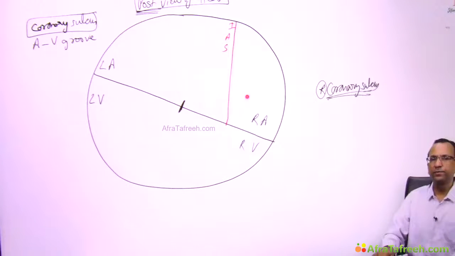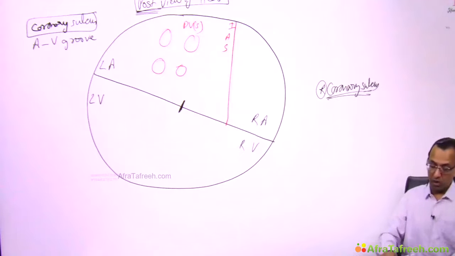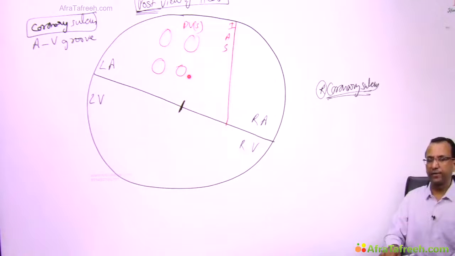Do you know that we have four openings into the left atrium, called the pulmonary veins? Yes, I know. There are four pulmonary veins which are opening into the left atrium. And what is opening into the right atrium? Three openings. What are the three openings?